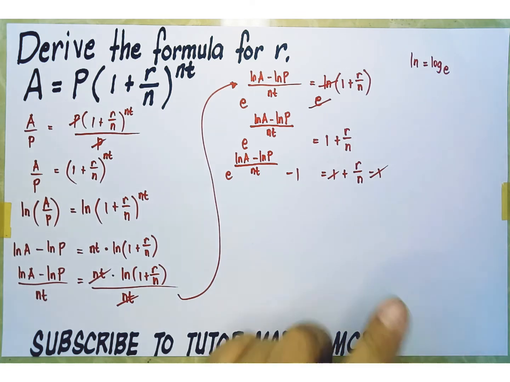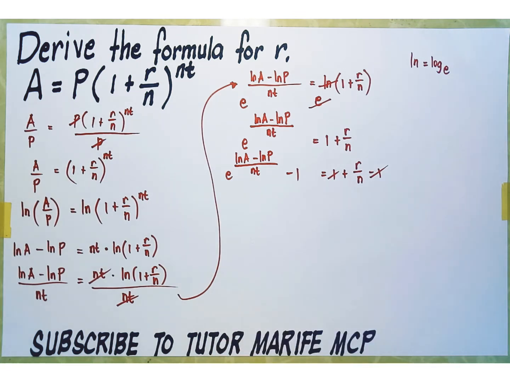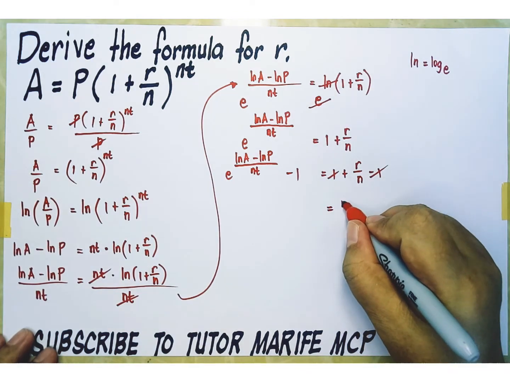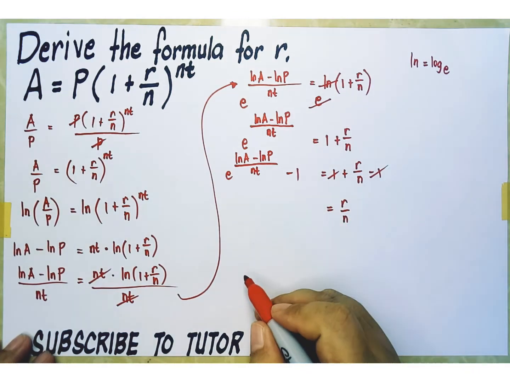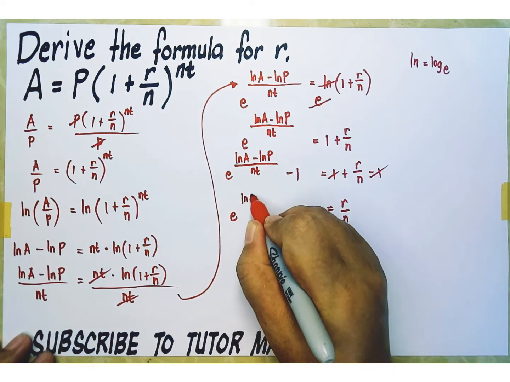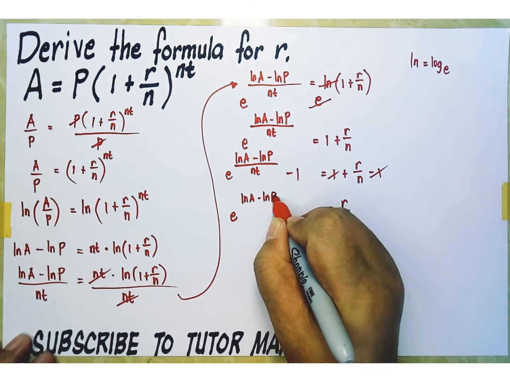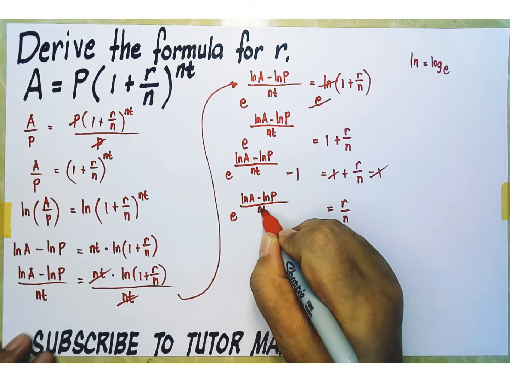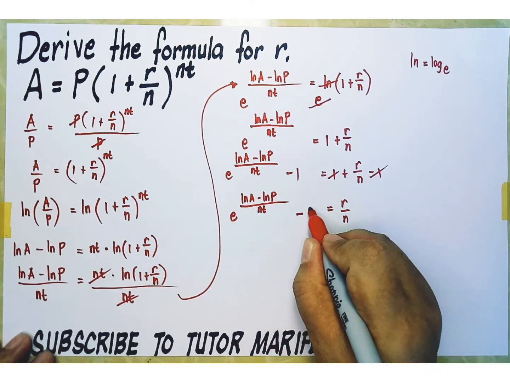Okay, so your right side becomes r divided by n. And the left side becomes e raised to ln of A minus ln of P divided by n times t minus 1.